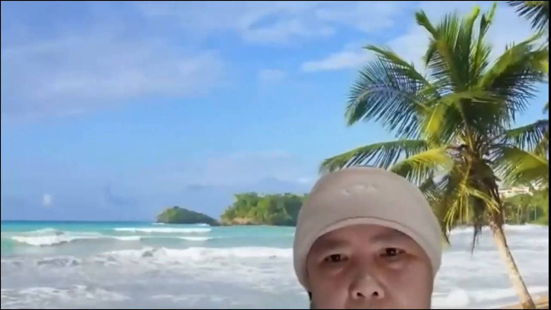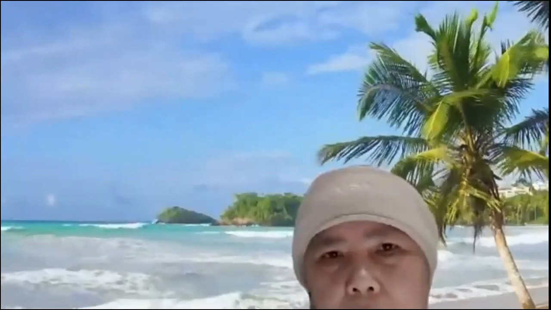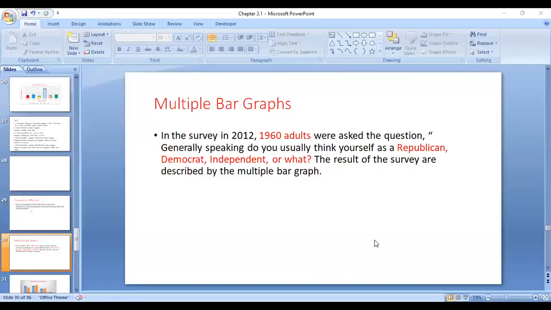You have to find the, you do this one. In the survey, we have 119 city addresses, and the graph shows Republican, Democrats, Independent, and now you look on the table. You look on this one.